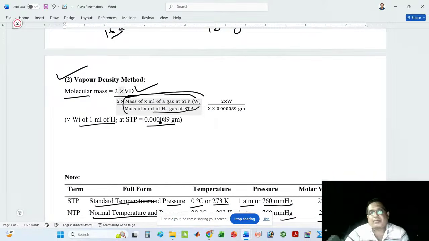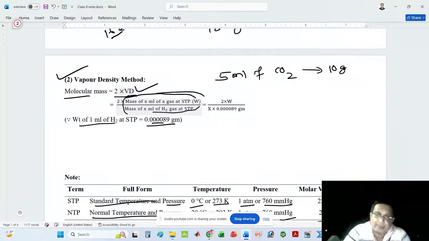Suppose I want to find out the vapor density of 5 ml of carbon dioxide. The weight of 5 ml of carbon dioxide is known. How can you calculate the vapor density of carbon dioxide? By using the formula, you can calculate the vapor density of carbon dioxide.